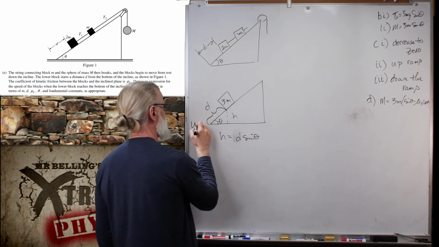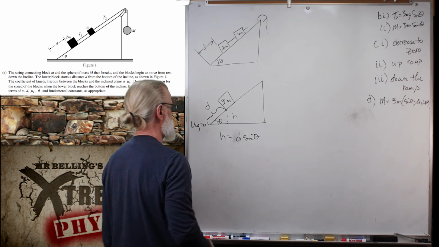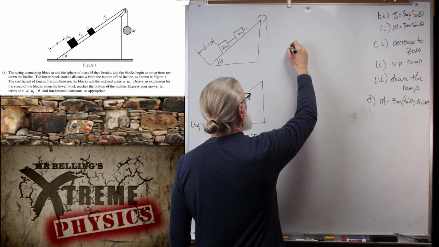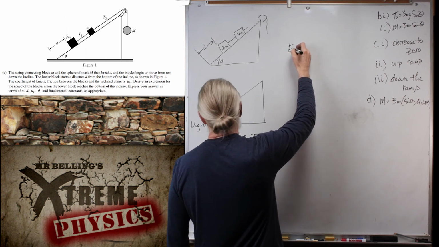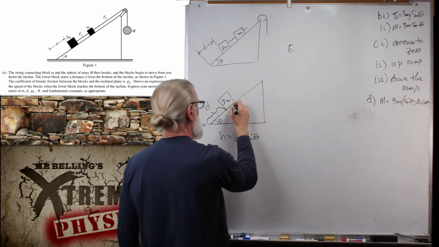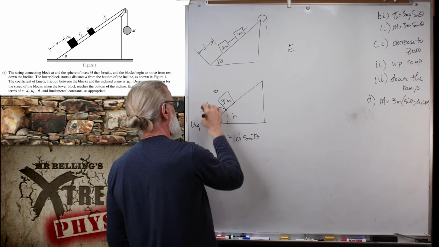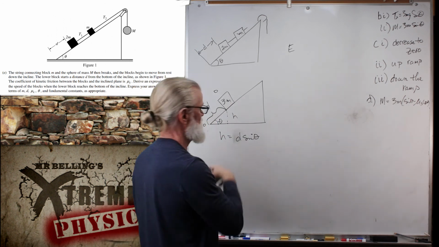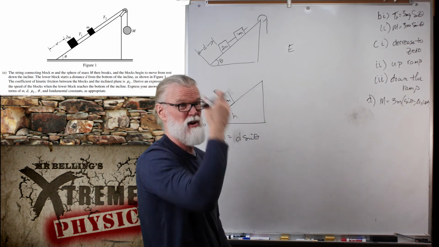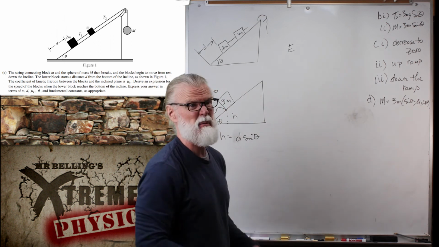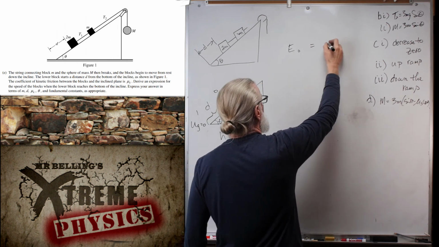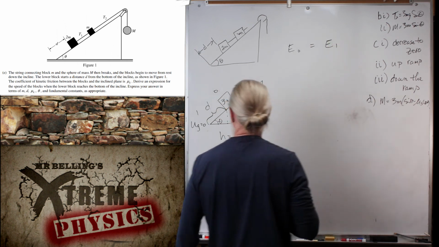I'll say the gravitational potential energy is 0 here, and I will call this position 0. When it gets to the bottom, it's at 1. I'm not going to redraw it because I'm running out of board space. I need a bigger board. But the energy at 0 at the top equals the energy at 1 at the bottom.